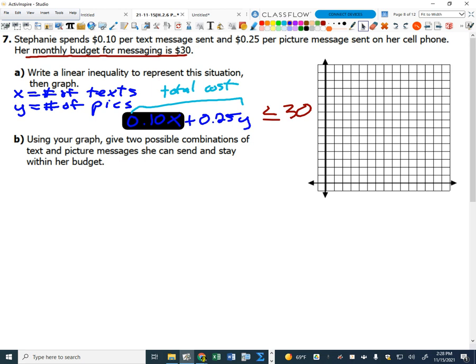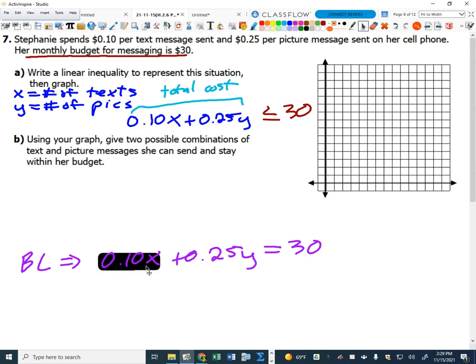Let me write that down. The boundary line is going to be 0.10x plus 0.25y equals 30.